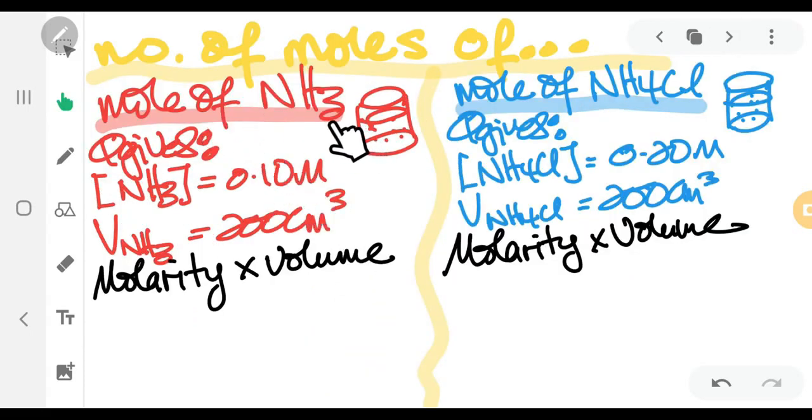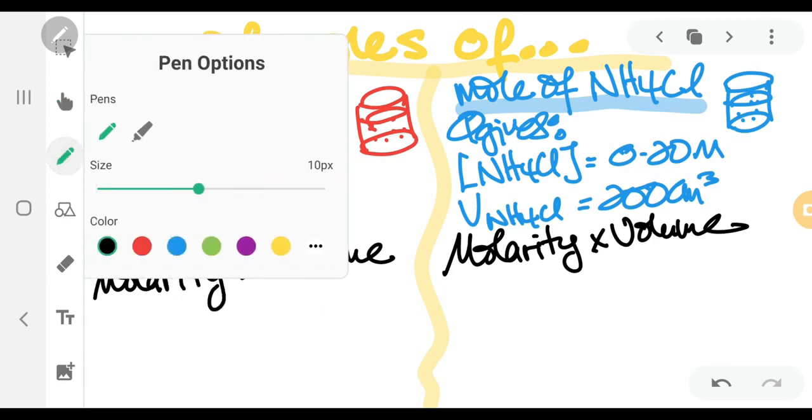To find the number of moles of weak base in the beaker of the weak base, the question gives you the molarity of the weak base, which is 0.10 molar, and the volume, which is 200 centimeter cubic. To find the number of moles, simply multiply the molarity by the volume.